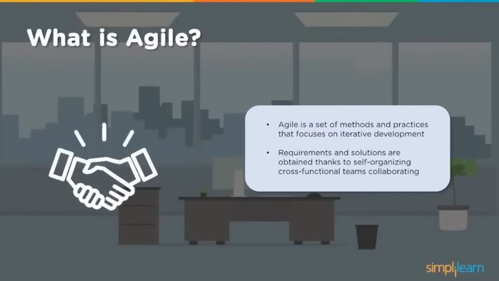Requirements and solutions are obtained thanks to self-organizing cross-functional teams collaborating. When we say cross-functional, self-organizing team, these are teams of 7 plus or minus 2 in size, who have various different skills. Each of the team members will have various different skills and they complement each other. Today DevOps is speaking about this cross-functional team owning everything as a single team.